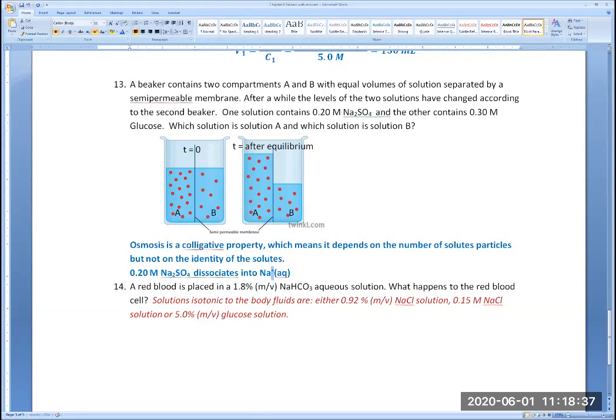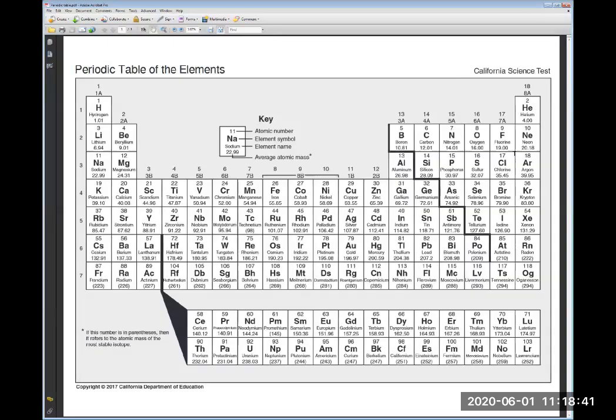How do we know this? If you look at the periodic table, Na is part of group 1A. So it's a metal, and it will make a Na+ ion. Group 1A, so plus 1. So we know its formula from the position in the periodic table.